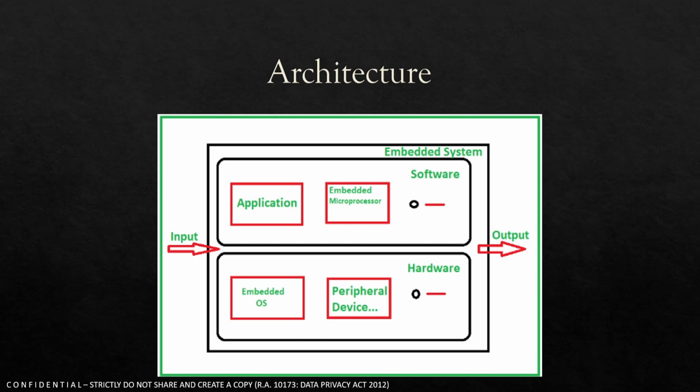Embedded hardware is based around microprocessors and microcontrollers, and also includes the memory, the bus, the input, output, and the controller, whereas embedded software includes embedded operating systems, different applications, and device drivers. And basically, these two types of architecture, which are the Harvard architecture and the von Neumann architecture, are used in embedded systems.